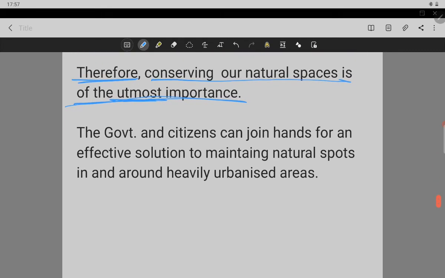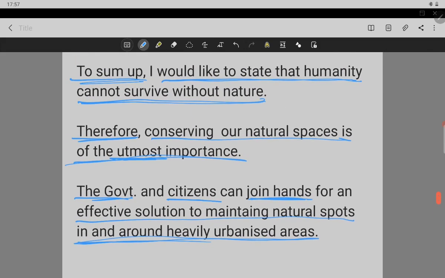And how will we do this? The government and citizens can join hands, they both have to do their part for an effective solution to maintaining natural spots in and around heavily urbanized areas.